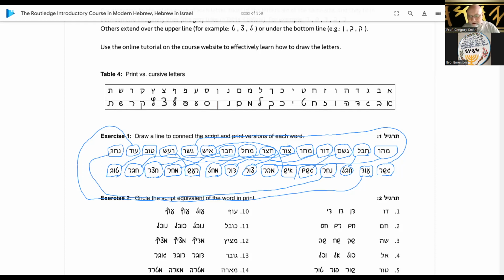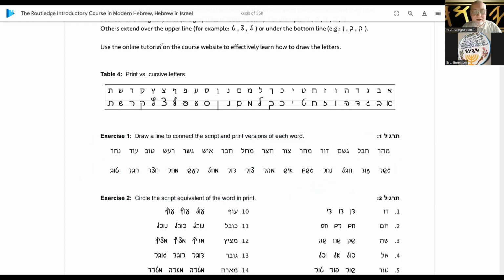That is Targil 1, connecting block Hebrew script to cursive Hebrew script, using this as a guide. Okay, so let's clear all that out and move on down to Targil 2.